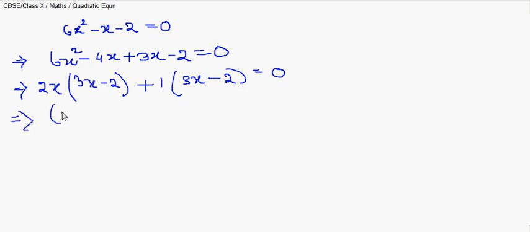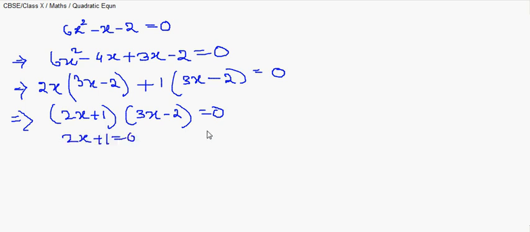So it is 2x plus 1 times 3x minus 2 equals 0. Now as we have to find the roots, we will equate these two factors to 0. So one is 2x plus 1 equals 0, and the other is 3x minus 2 equals 0.